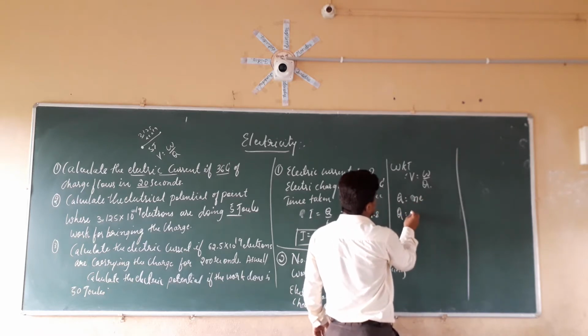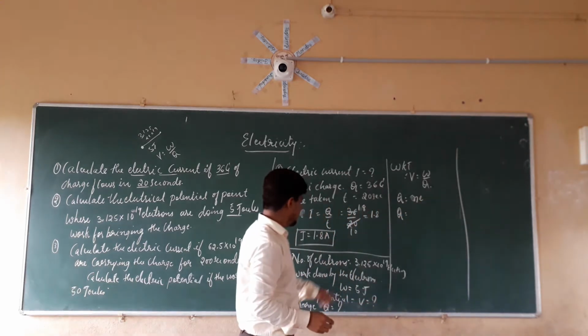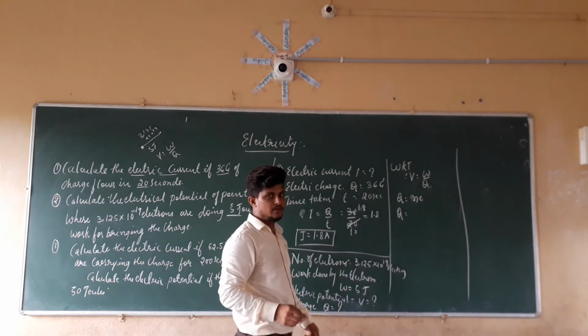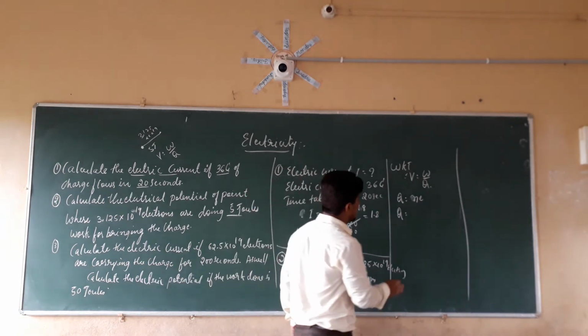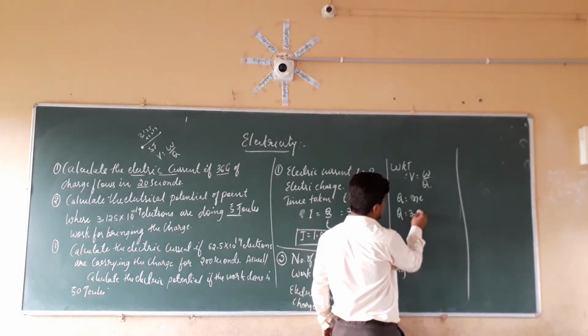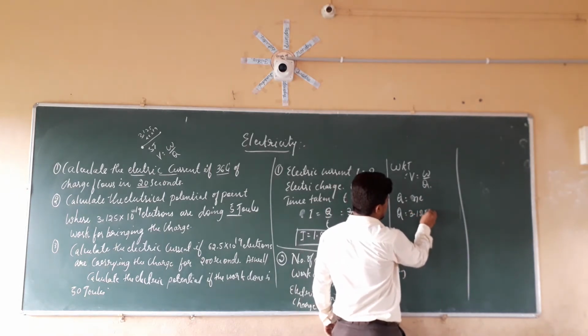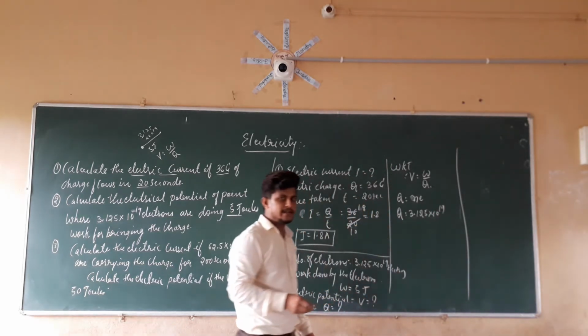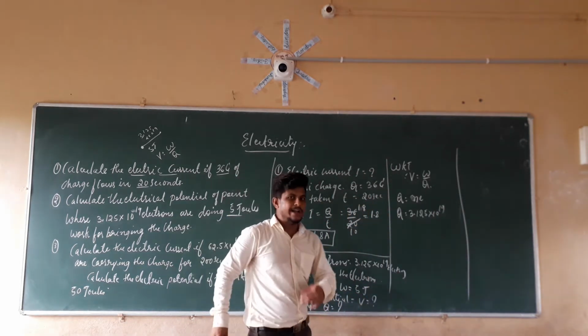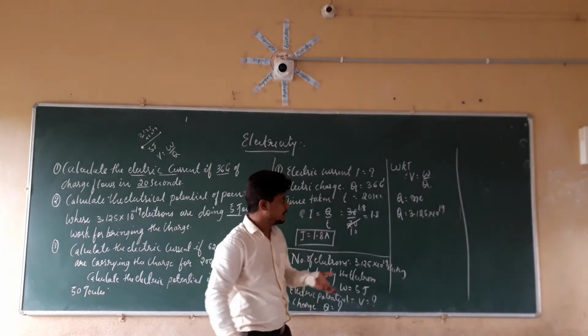Therefore Q equals, here the number of electrons is given as 3.125 into 10 raised to 19. What is the value of E here?